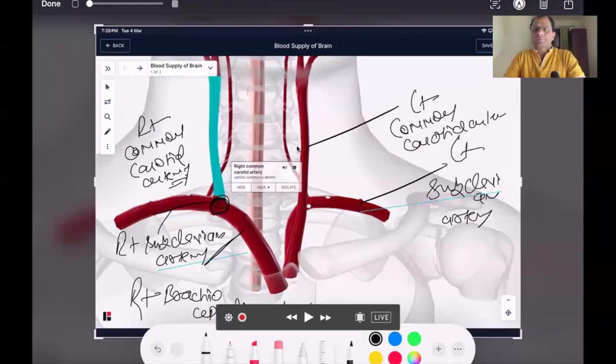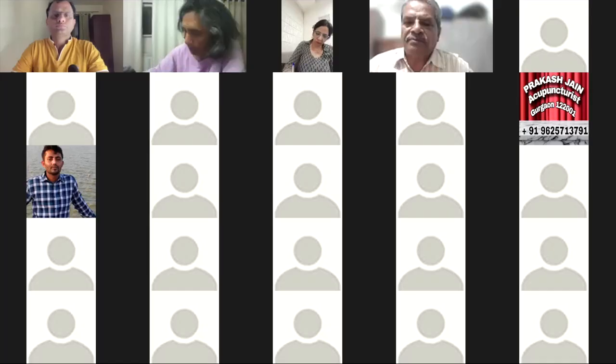Carotid is a Greek word, है ना. और कहते हैं if you press the carotid artery, the person will faint. अगर आपने carotid artery को दबा दिया, क्योंकि carotid artery आगे होती है, vertebral artery पीछे होती है. If you press the carotid artery, the person will faint.